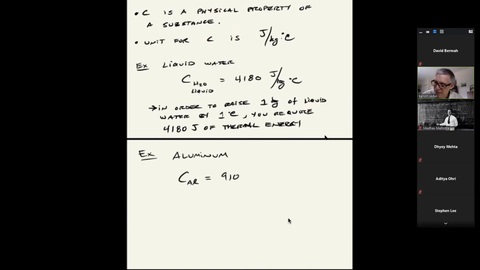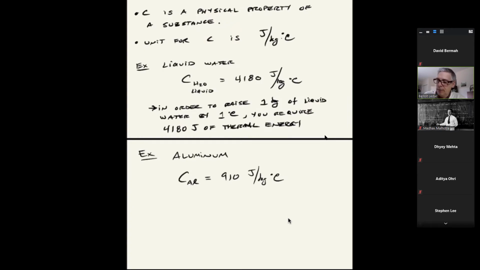It's 910 joule per kilogram per Celsius. It means that to raise 1 kilogram of aluminum by 1 degree Celsius, you require only 910 joule, a lot less than liquid water. Okay?